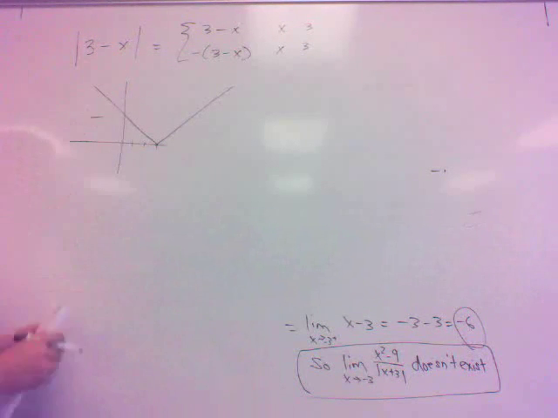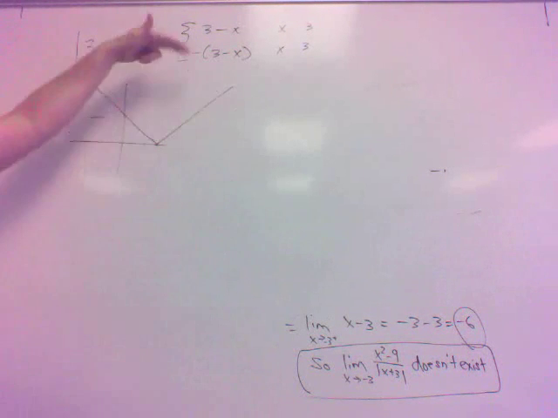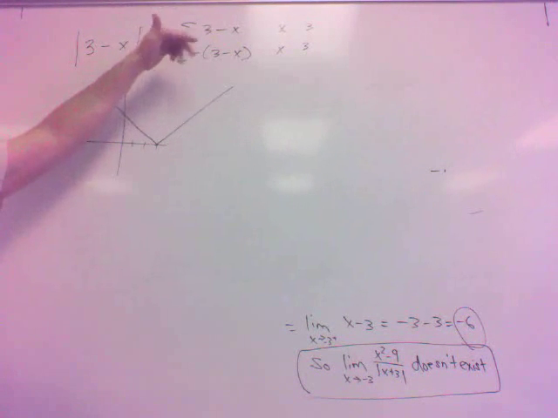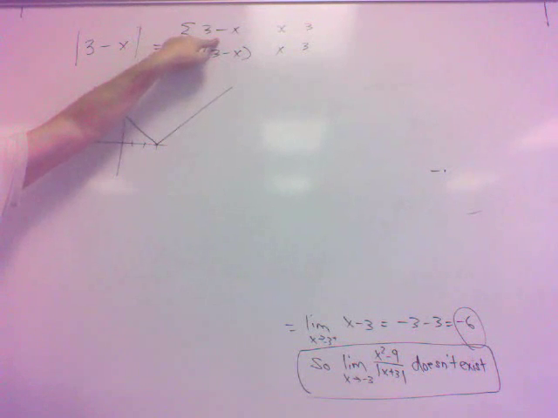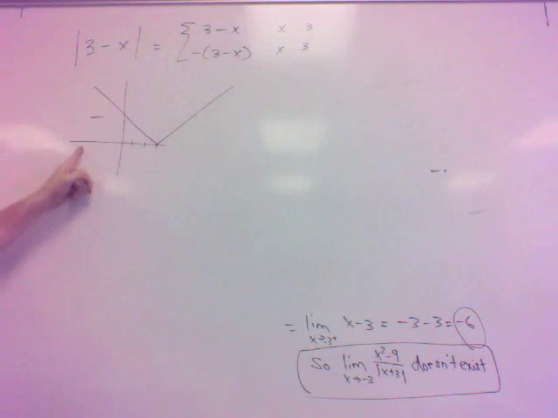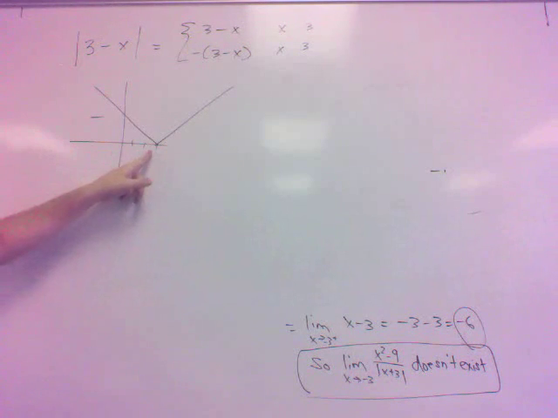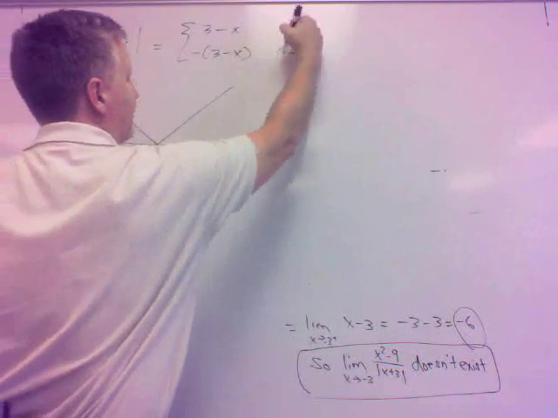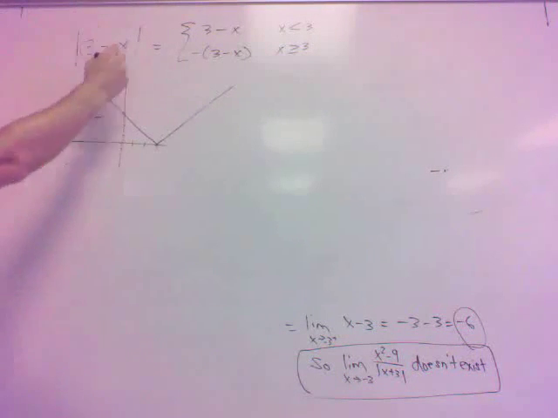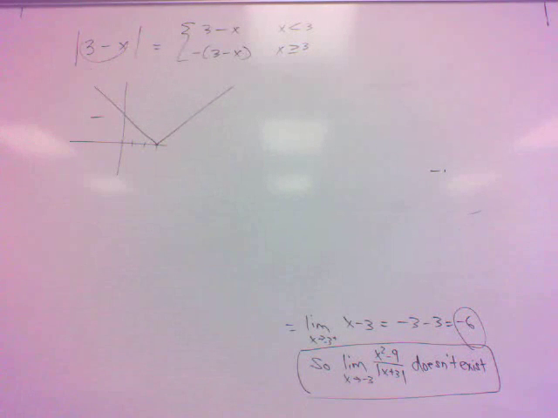Which one of these has negative slope? The top one, because it's a minus x. Which side is that? That's less than 3, isn't it? So that's what I was saying. If there's something kind of funny in there, be sure you check it. And that's one way you can look at it.